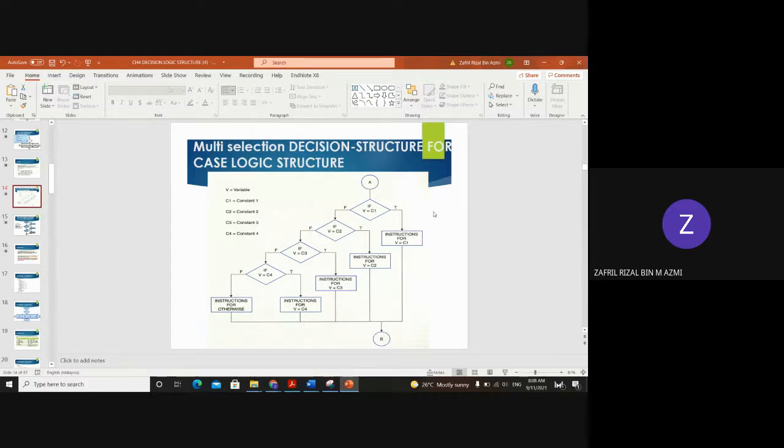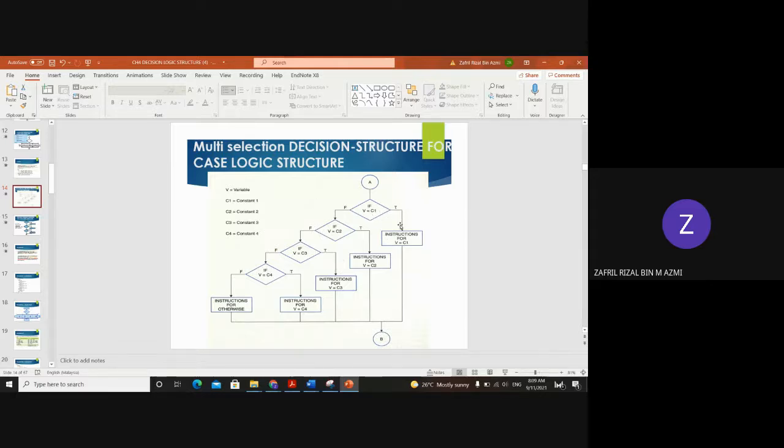Of course, at work your boss won't say, "Develop a system with positive logic." It is not like that. But if your system involves a decision logic structure, this is most probably the design that you are going to come out with.